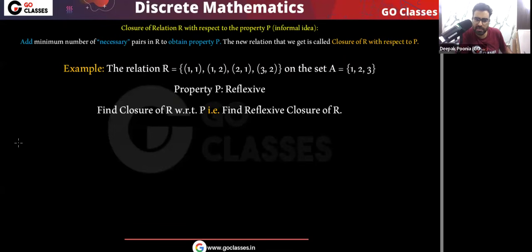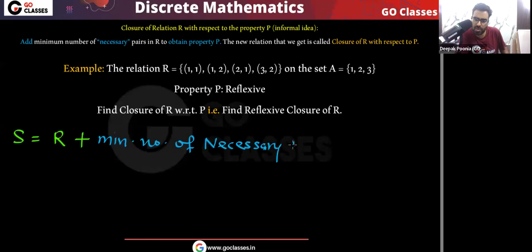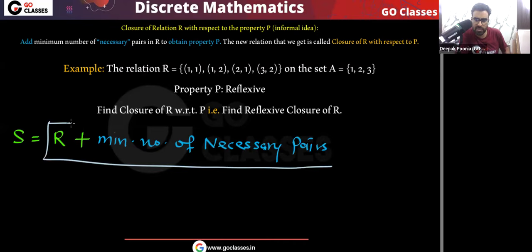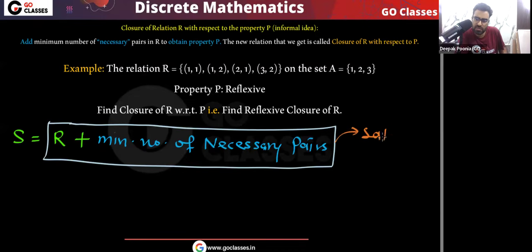This new relation S is R plus the minimum number of necessary pairs, such that overall it satisfies the reflexive property.